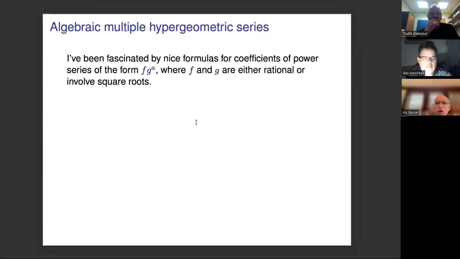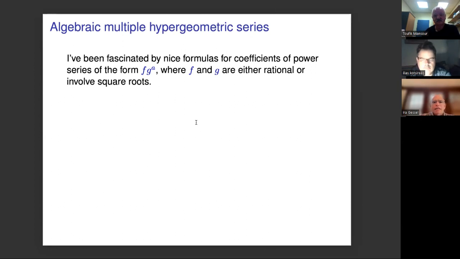And those of you who are familiar with Lagrange inversion know that in one variable, or even in several variables, you can find a lot of examples of this type of thing. You have nice explicit formulas for the coefficients of f times g to the a. But the things that I'm going to talk about do not come from Lagrange inversion. And they're closely related also with the integral factorial ratios that I mentioned earlier.